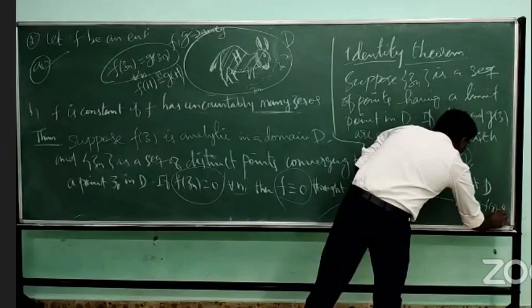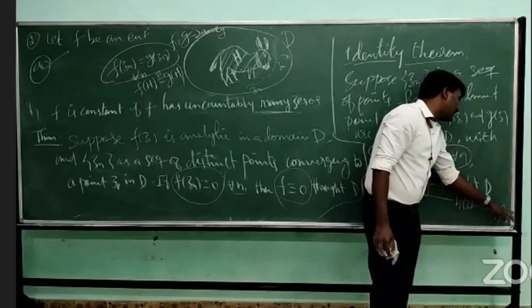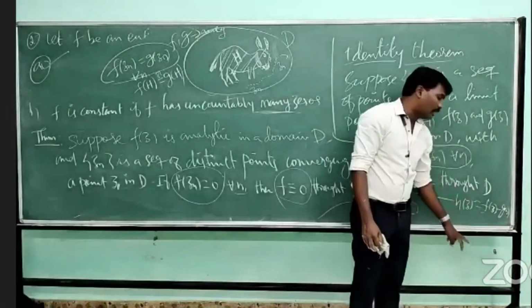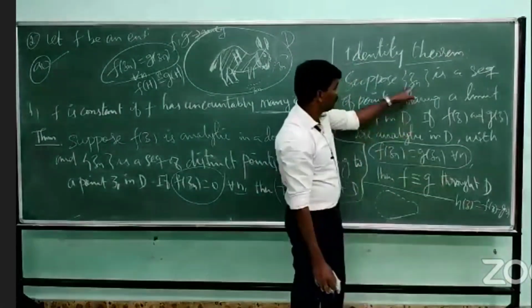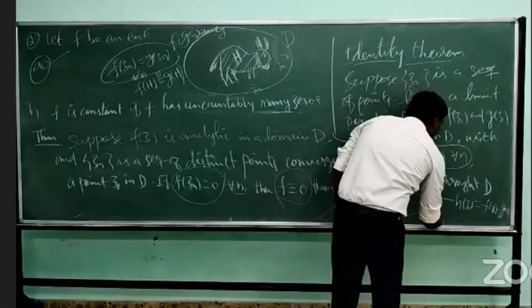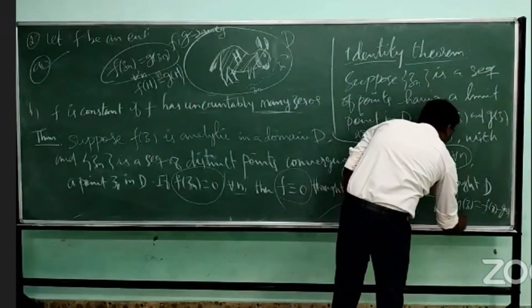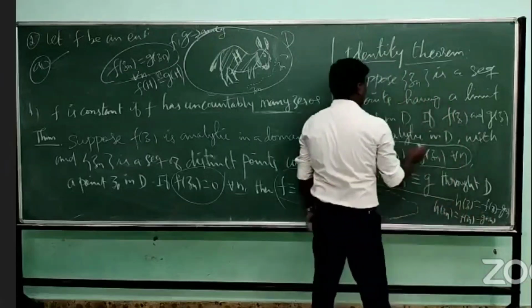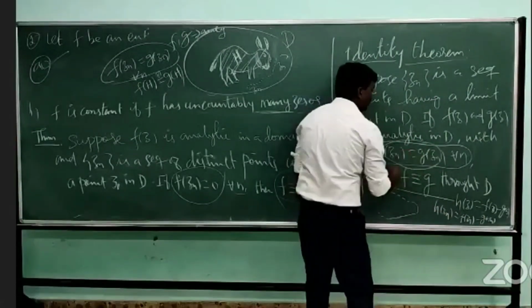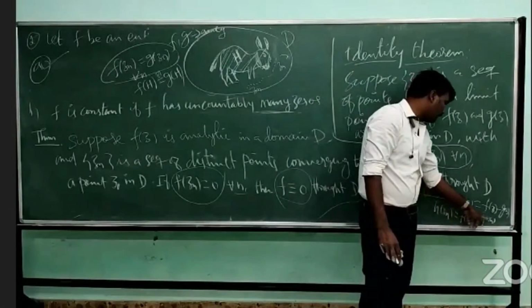H of Z equals F of Z minus G of Z. F is analytic and G is analytic, so the difference is also analytic. H is an analytic function in D, and H vanishes on the Zn. Applying this, H of Zn equals F of Zn minus G of Zn, and F of Zn and G of Zn agree, so k minus k is 0.